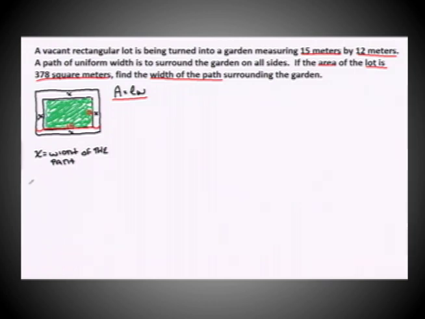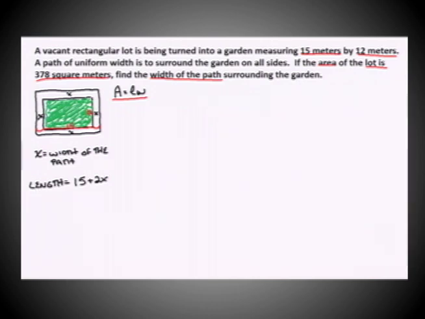So, putting that all together, we have that the length of the garden is equal to 15 that we were given in the problem, but then we need to add the length of the path. So, plus 2x, since we have an x on either side of the length of the garden.